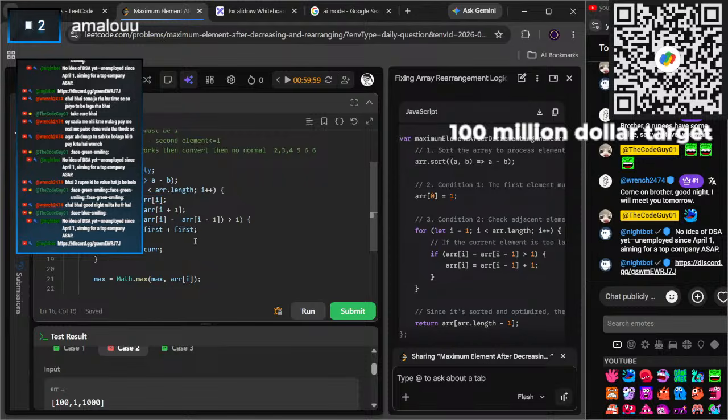Now current element will. Why do I even need this here, bro? I already have it here. Let's just do plus one.